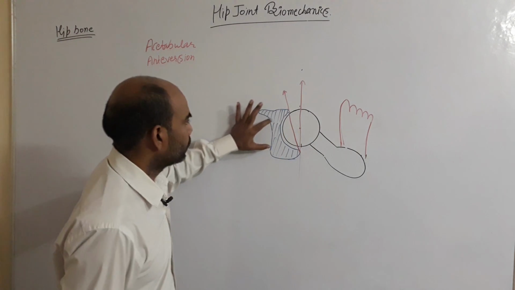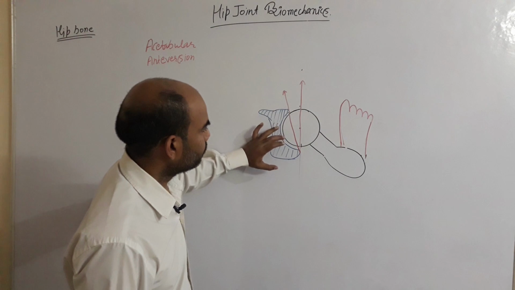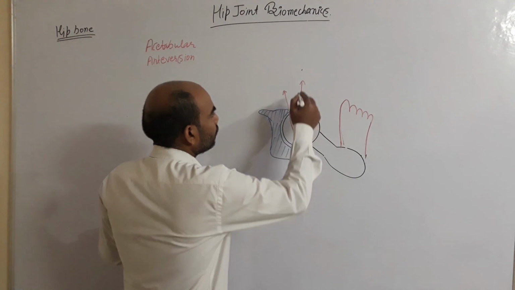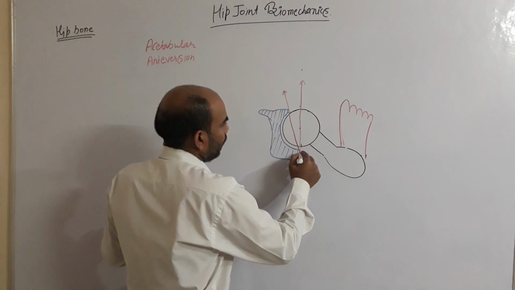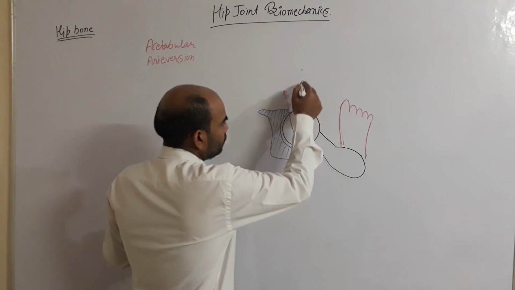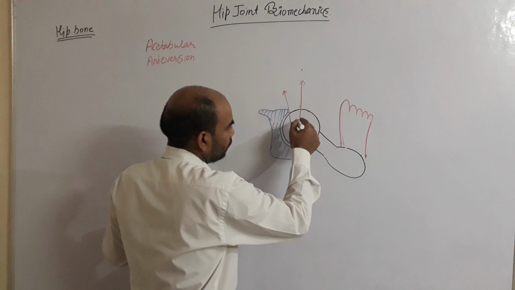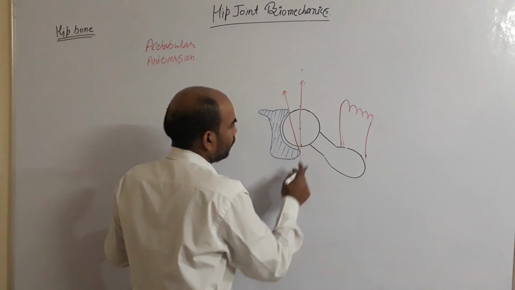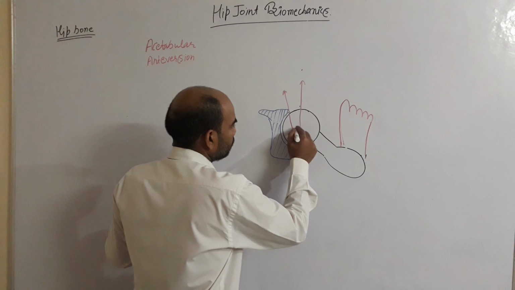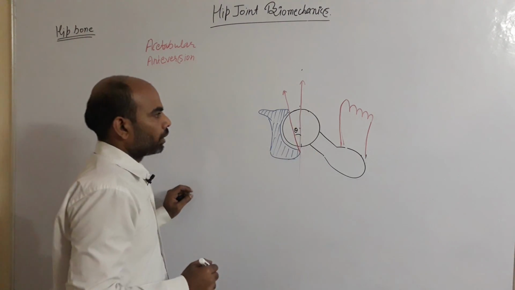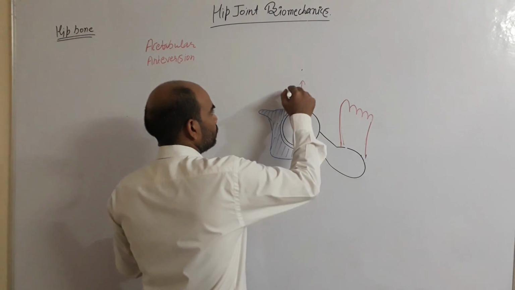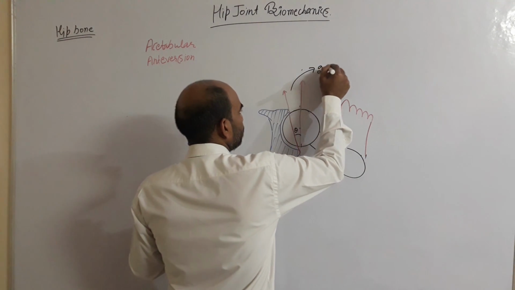Suppose this is the acetabulum and the head of the femur. The angle is formed by the edge of the acetabulum and a horizontal line passing through the center of the head. In normal conditions, this angle is around 20 degrees.